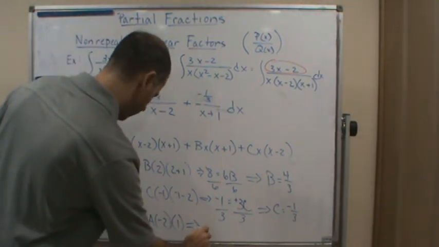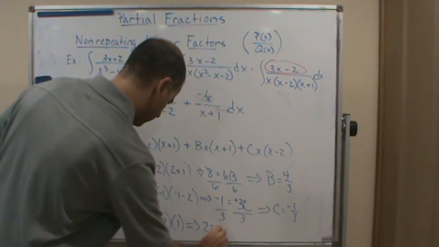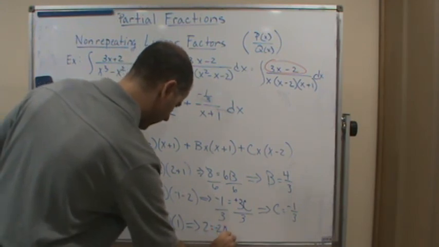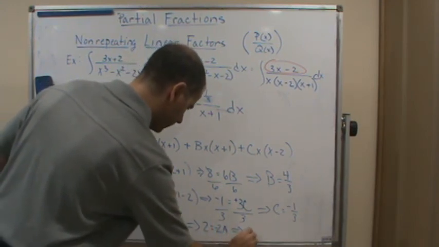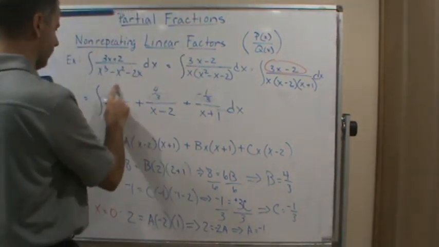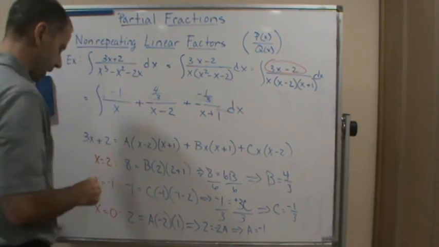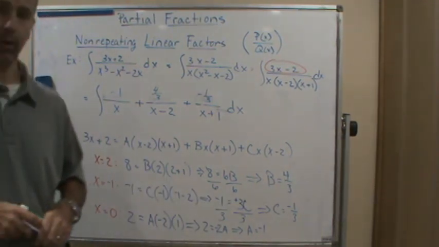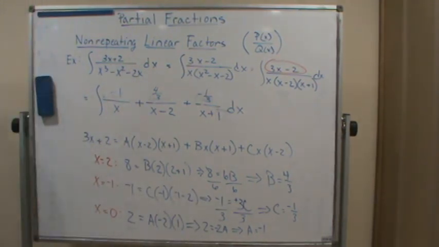Same thing we had before, which is 2 equals -2A, which gives us that A is equal to -1. And we get the exact same result that we got before. And that's it.